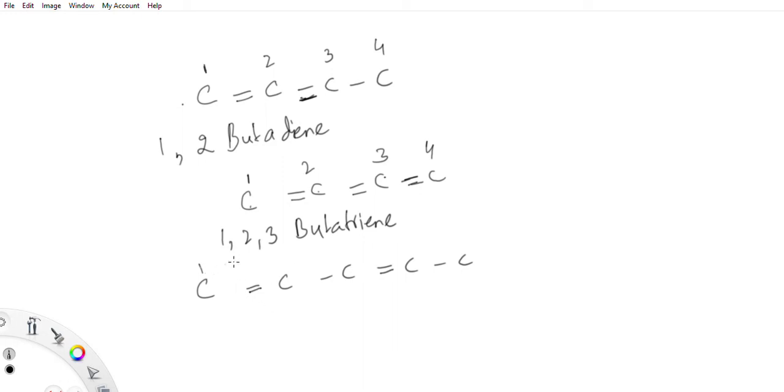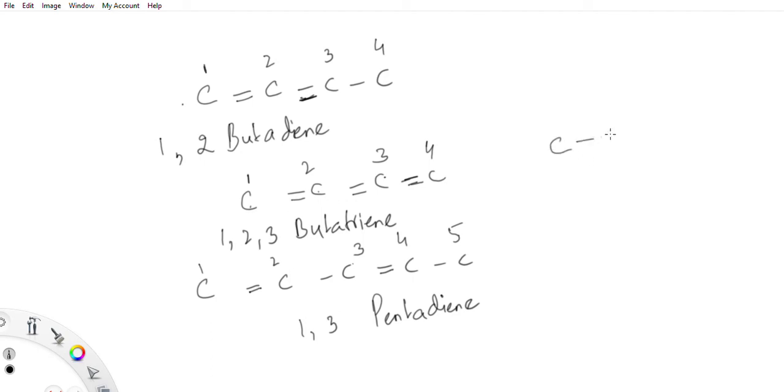I will start from the left, because from the right side it comes at position 2. One double bond is between position 1 and position 2, and the next double bond is between position 3 and 4. So I would say 1,3-pentadiene, because in this case I have 5 carbon atoms.